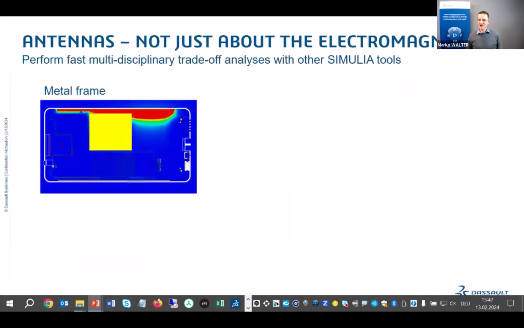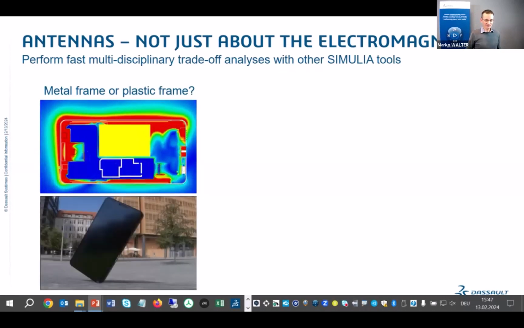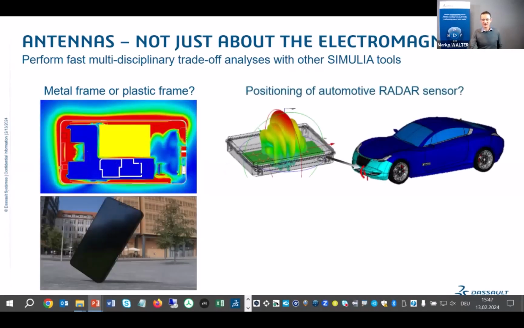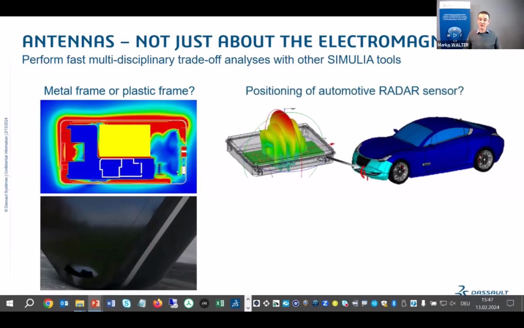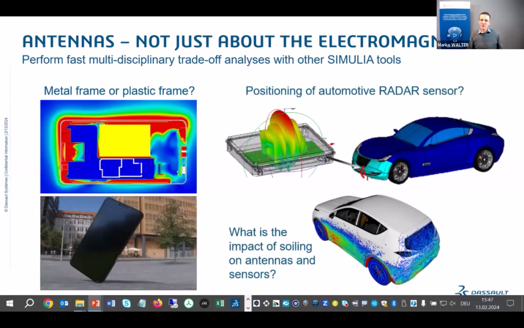Finally, antennas are not just about the electromagnetics, and it's not something that we're talking about too much today. We're focusing really on electromagnetics today, but we potentially have to decide, if I drop my phone, is a metal frame or a plastic frame going to be better to make sure it doesn't break? And how does that affect my antenna design? If I place an antenna in the car, if I position that in a certain place in the bumper, what's going to be the impact when I drive through the rain or through the mud?